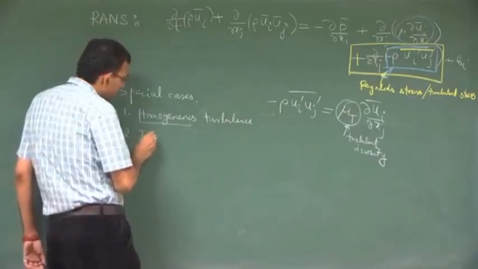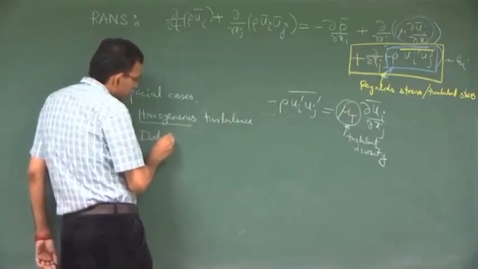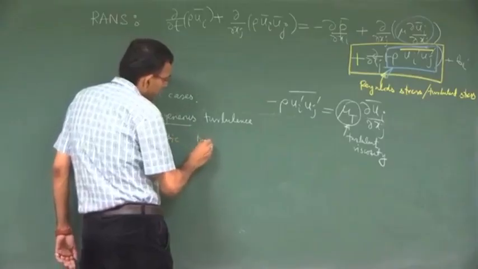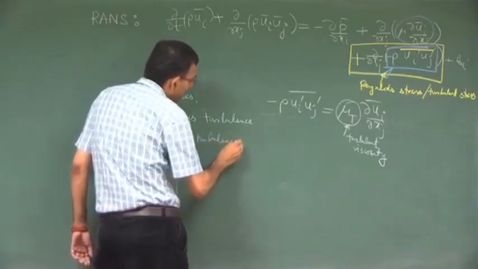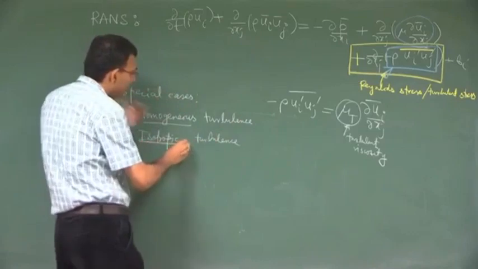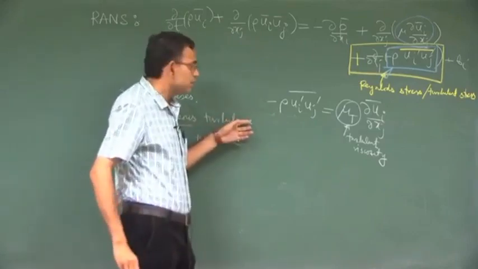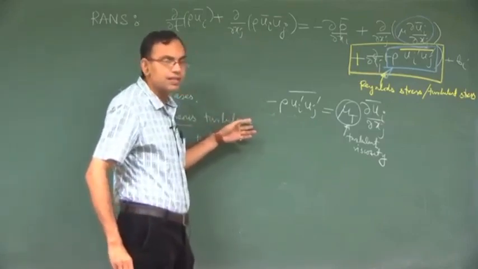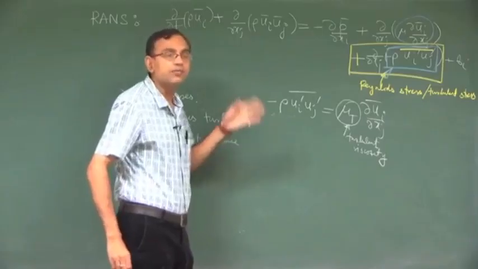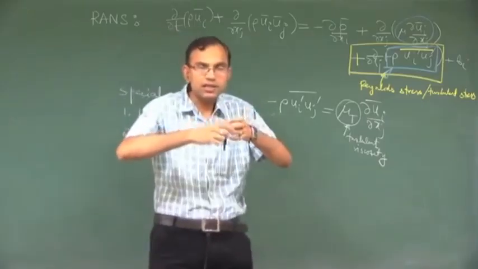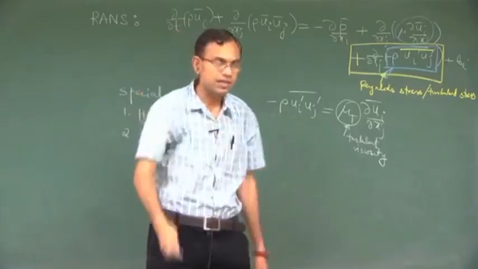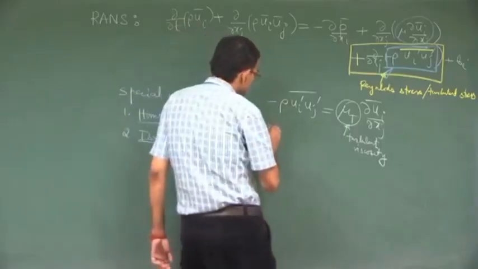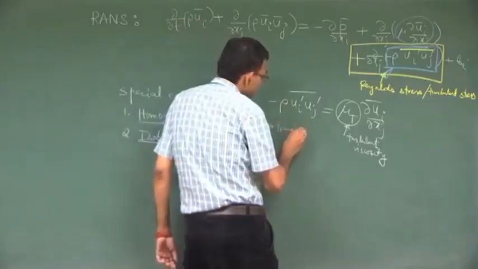Then isotropic turbulence. So homogeneous turbulence means that the turbulent properties are not dependent on position, which means that they are invariant to translation of coordinate axis, because you can change the position by translating the coordinate axis. So this is translation invariance.